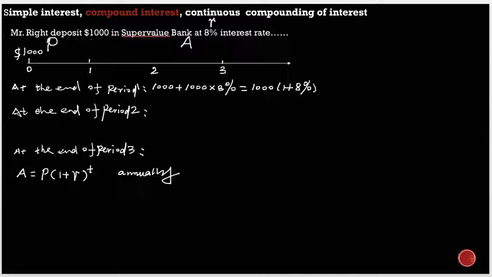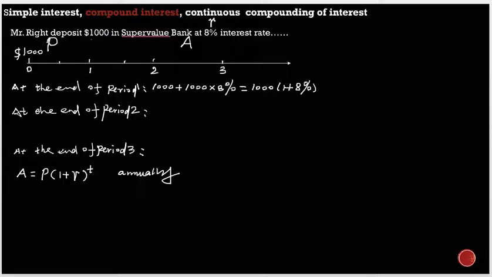What does this mean? That means we just focus on the first 3 years. That means we now have 6 semi-annual periods.